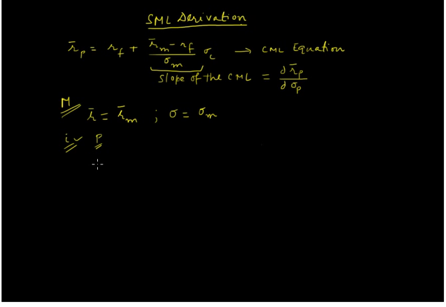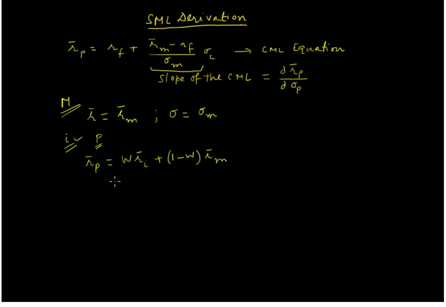So that if we want to write the expected return from portfolio P, we are going to have to write the proportion that we allocate to this asset I, let's call that W, multiplied by the expected return on this new asset I, plus we are going to have only 1 minus W proportion of money left to invest in the market portfolio, and that would be multiplied by the expected return from the market.